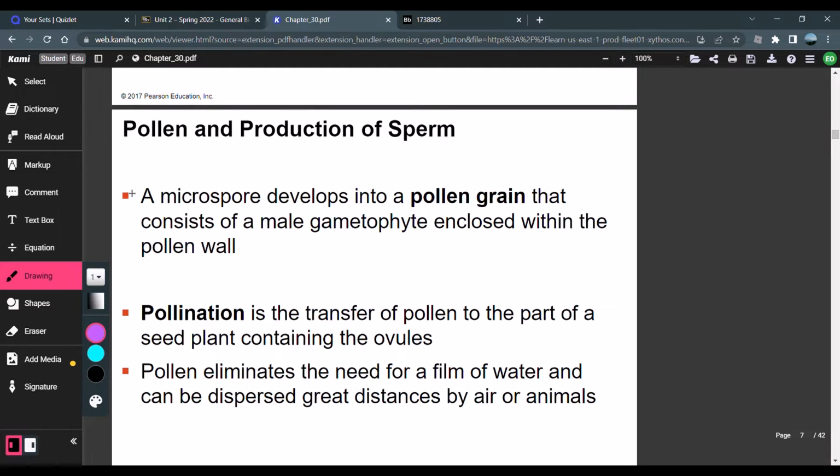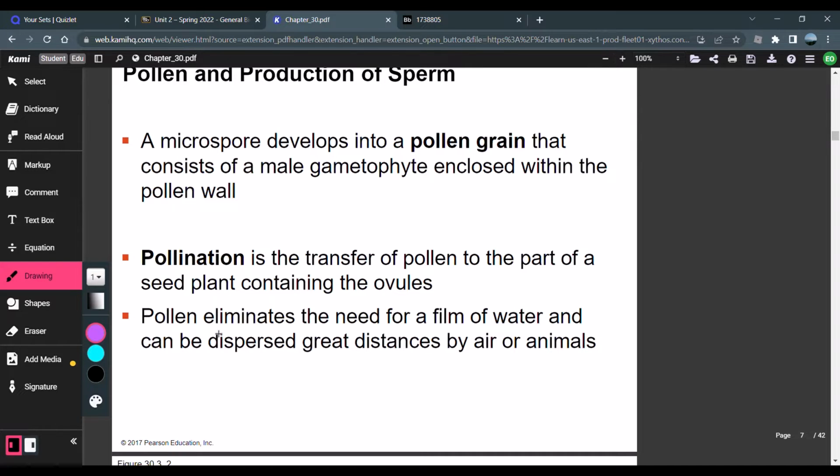So, in pollen production, a microspore develops into a pollen grain, which consists of a male gametophyte enclosed in a pollen wall. Pollination is pretty simple: it is the transfer of pollen to a part of the seed plant containing the ovules. Pollen eliminates the need for a film of water and can be dispersed over great distances by air or animals.